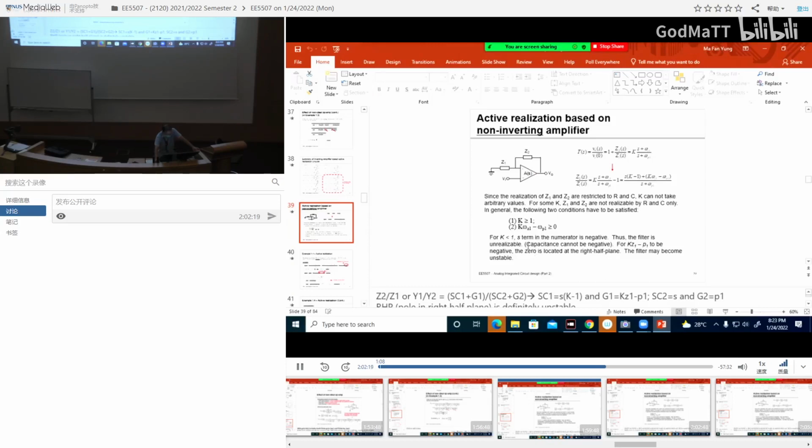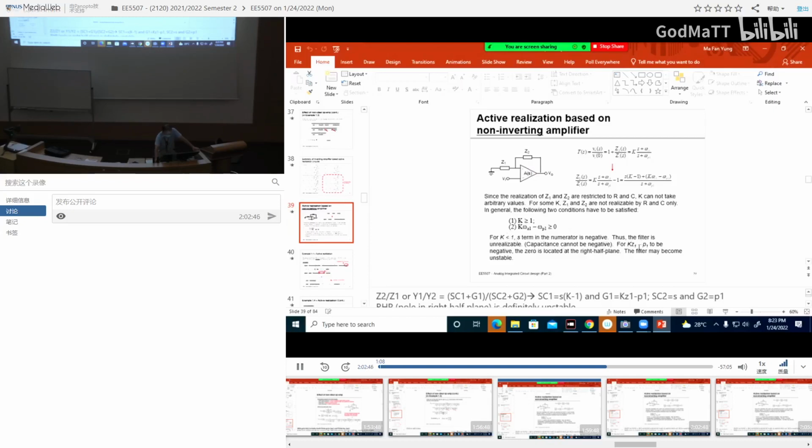For example, if K is greater than 1, then this K omega 0 minus 1 must be greater than 0. K cannot be less than 1, because otherwise the numerator is negative. What happens if the numerator is negative?